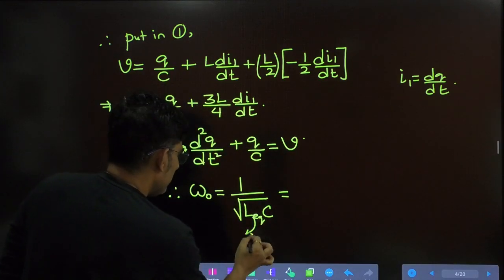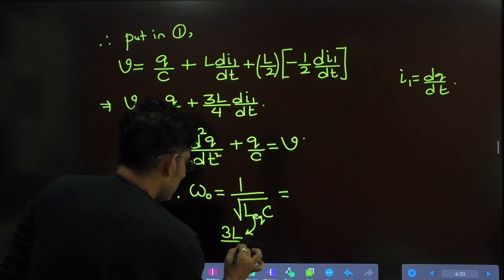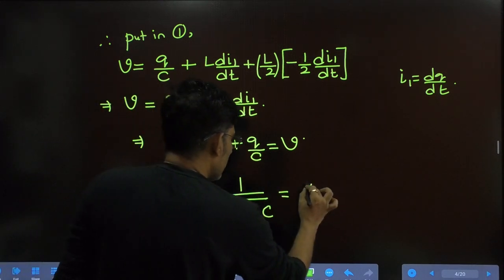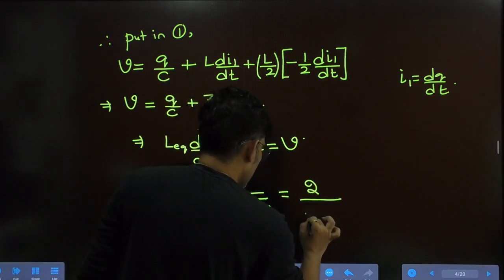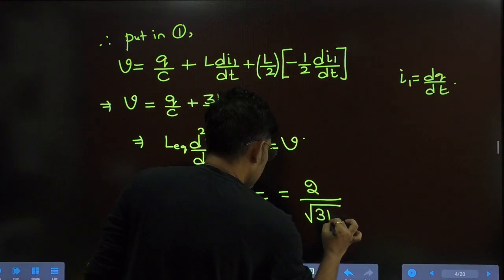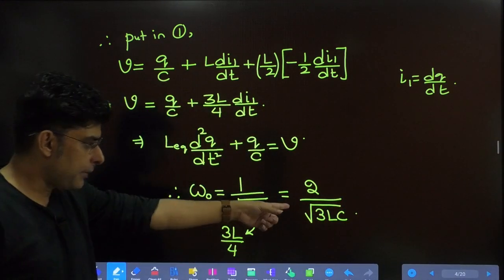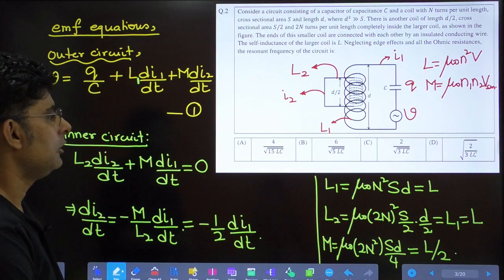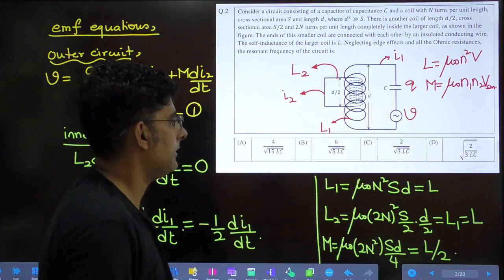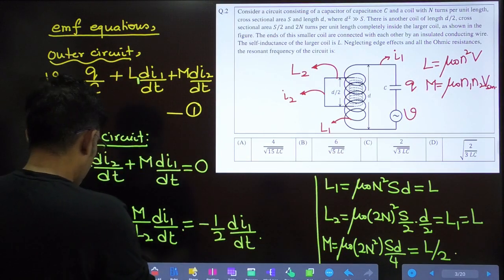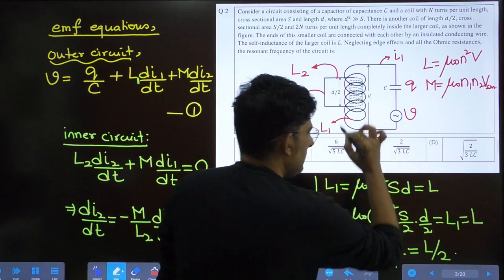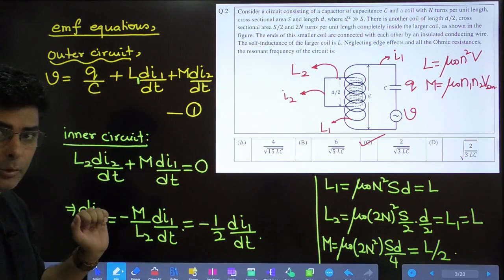So when we substitute 3L by 4, this 4 under root 2 goes up, and below we are left with root 3 LC. So 2 by root 3 LC. Let's check any option. 2 by root 3 LC. Yes, we can see. So this is which option? Again, option C. I hope this question is clear to all of you.